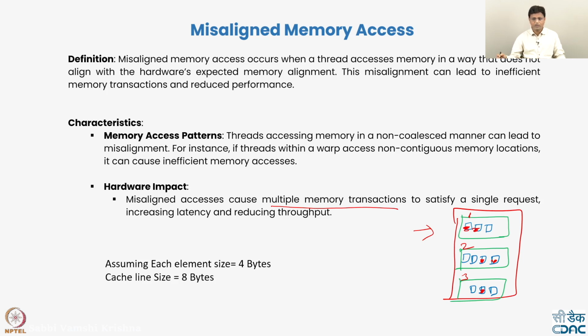He was not getting all the boxes in one place because they are arranged in a non-coalesced manner, so he has to make extra effort to bring all the 5 boxes. That is the same thing: multiple memory transactions are required to satisfy a single request. It will increase the latency and reduce the throughput as well.